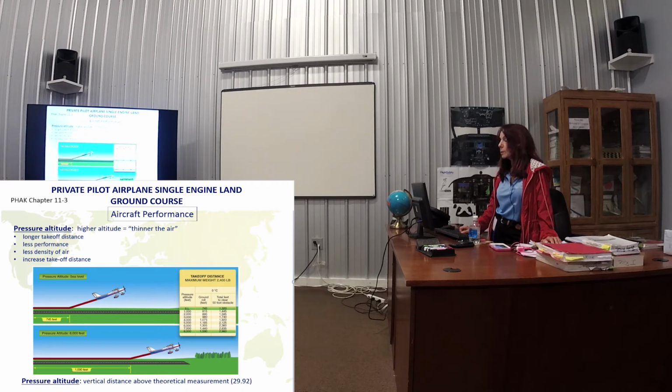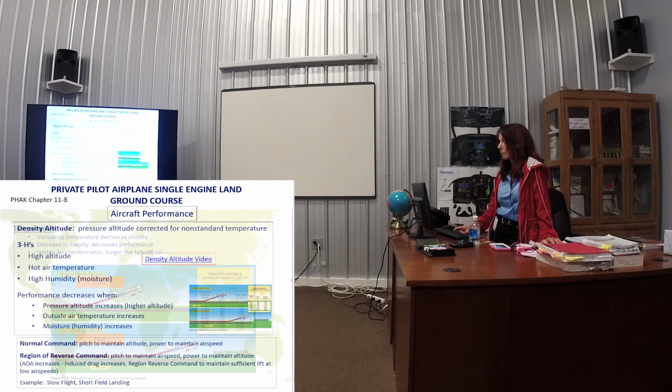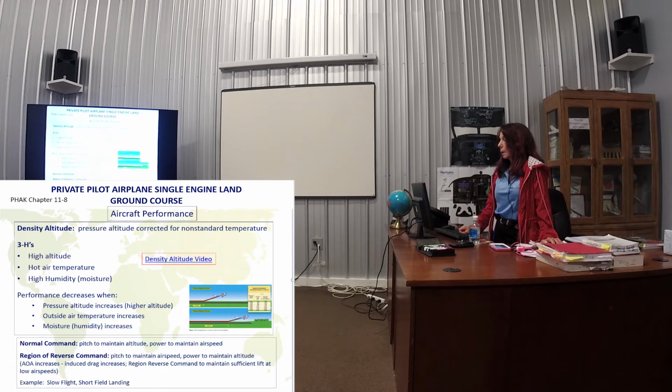Pressure altitude is that imaginary line, 29.92, and we measure the pressure of whatever the atmosphere is by that imaginary line. Density altitude is corrected for non-standard temperature.